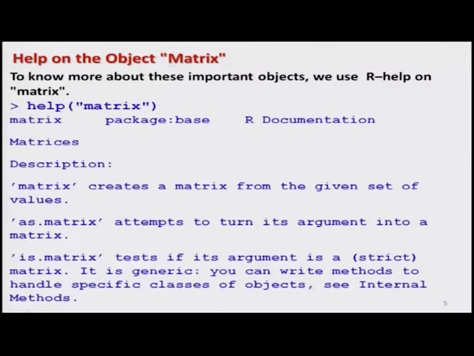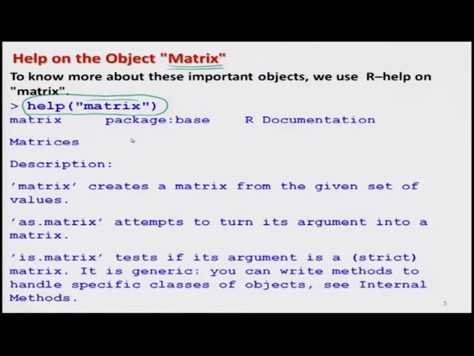So, in order to get some help on the object matrix, we have to use the same rule that we discussed a couple of lectures back, that is how to obtain help on a particular object. Suppose I want to know about matrix. I have to type the command help, and inside the brackets, within double quotes, I write matrix, and let us see what happens.